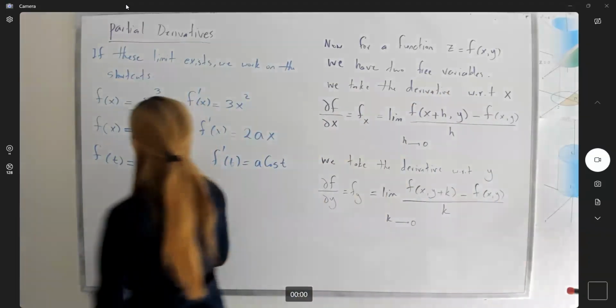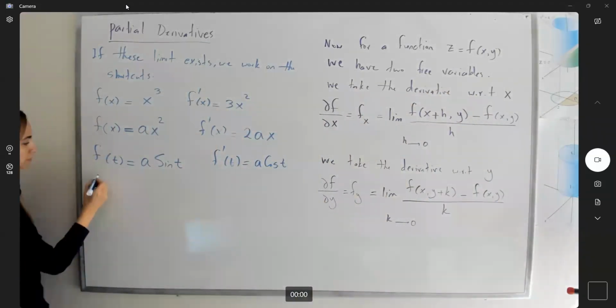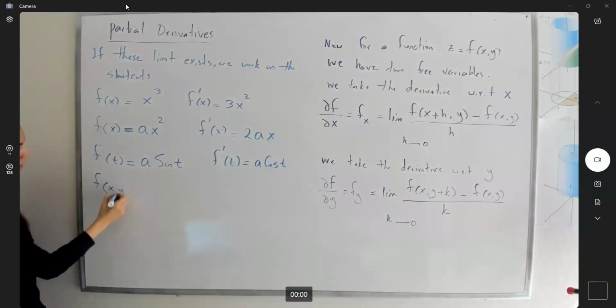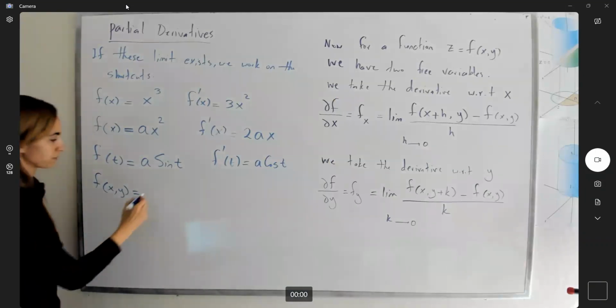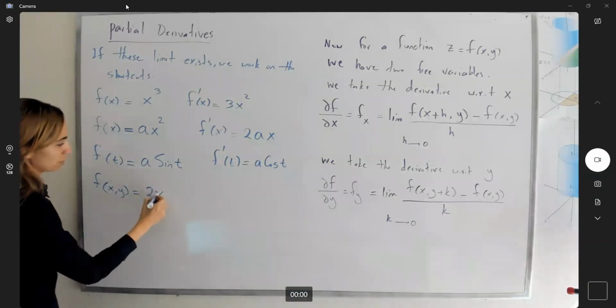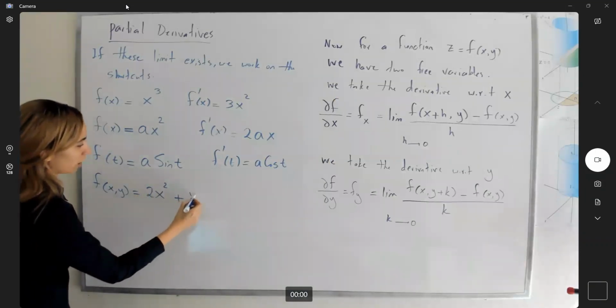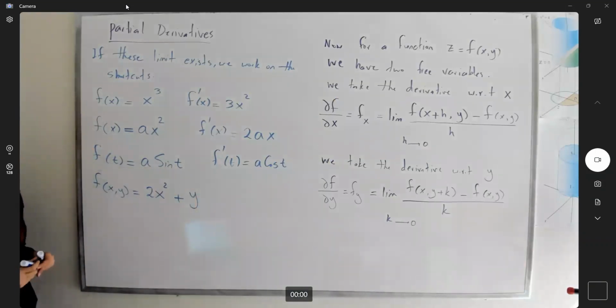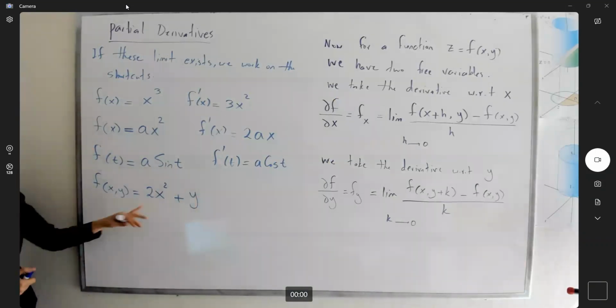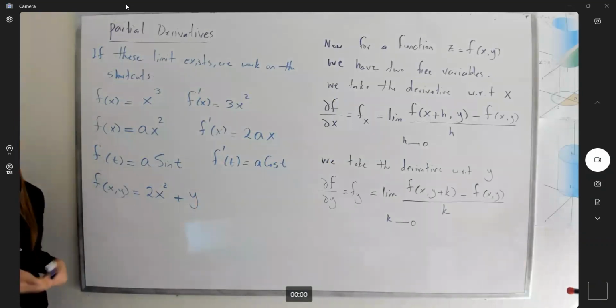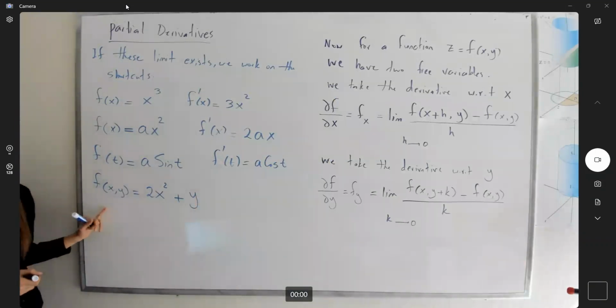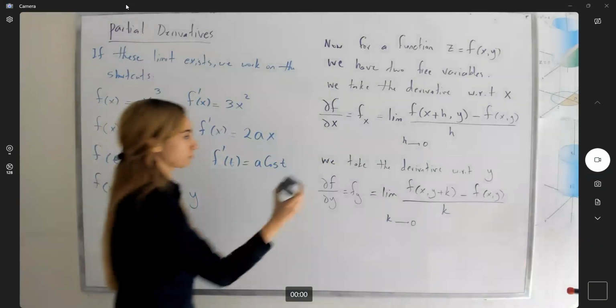Now, suppose I give you something like this. I say, hey, f of x and y is defined as 2x squared plus y. Okay, I have a function in x and y. I'm going to take the derivative with respect to x, and I'm going to take the derivative with respect to y.